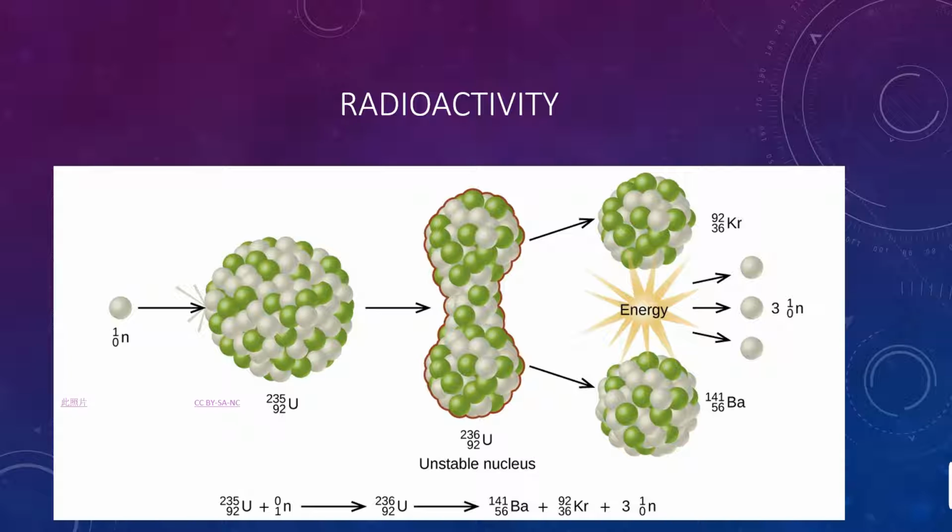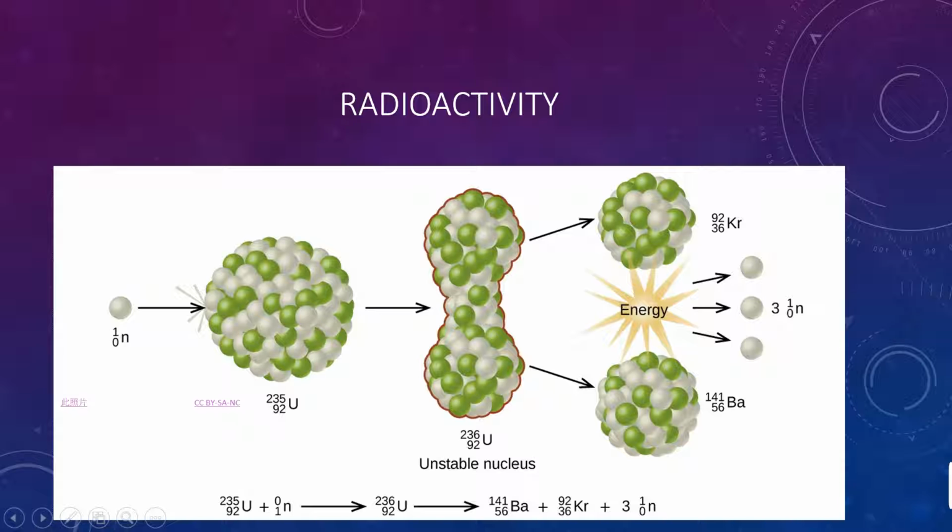Radioactivity. We all associate radioactivity with bad things like breaking your body inside out. Radioactivity is just a name for breaking stuff. Let's say you have a neutron here, and it hits a uranium nucleus.